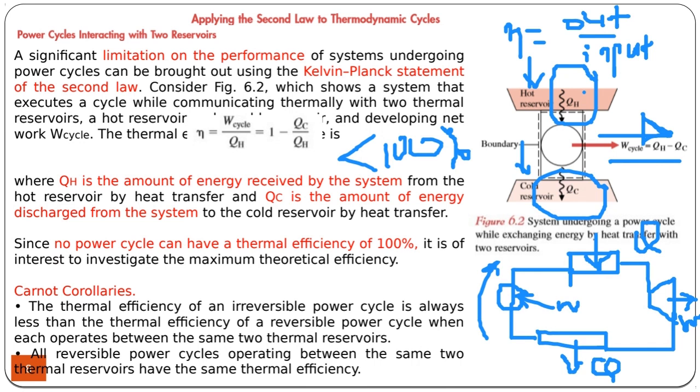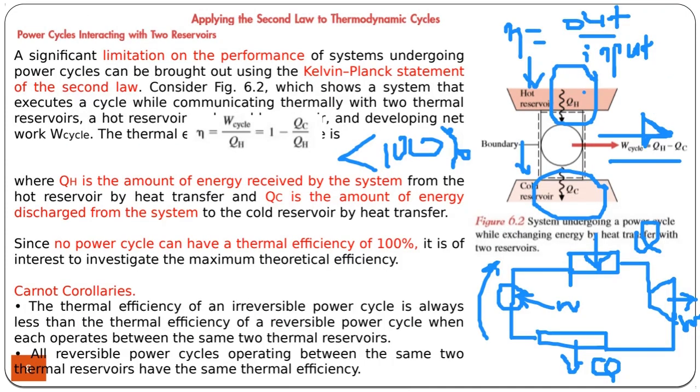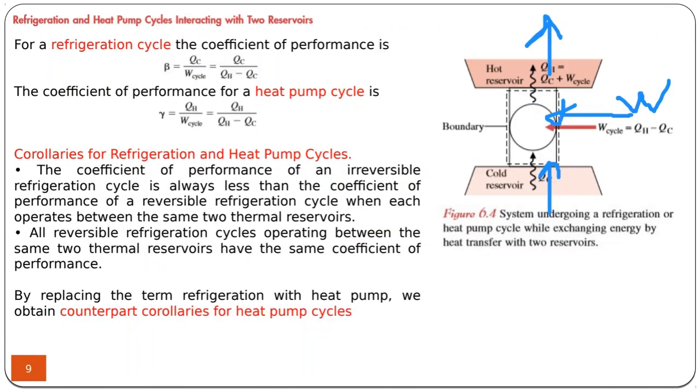This is the objective of a heat engine, whereas the objective of a refrigerator is to remove heat from a colder space and to transfer it to a warmer space, and this can be possible only by adding work according to Clausius statement. So the Kelvin-Planck statement says that it's not possible to convert all the input energy to work. And the Clausius statement says that it's not possible to remove heat from a colder space without the addition of work.